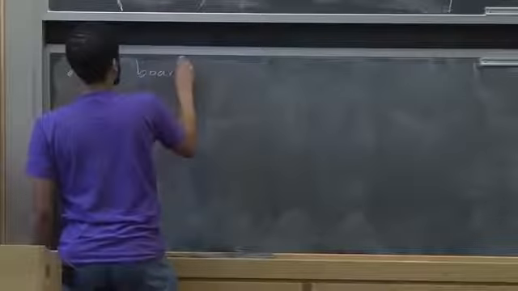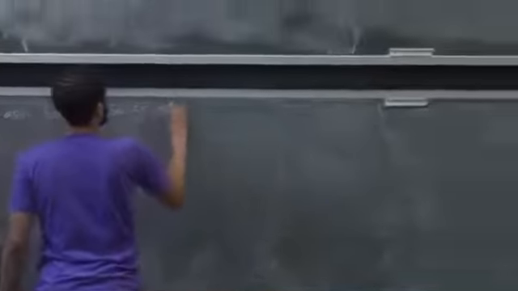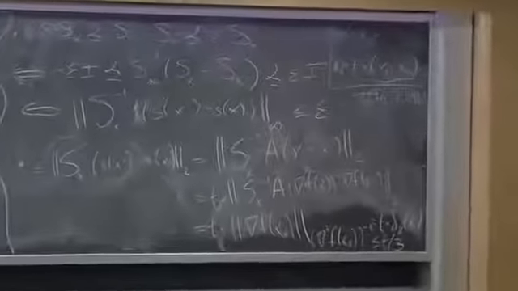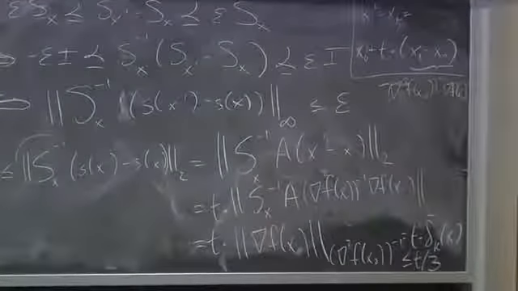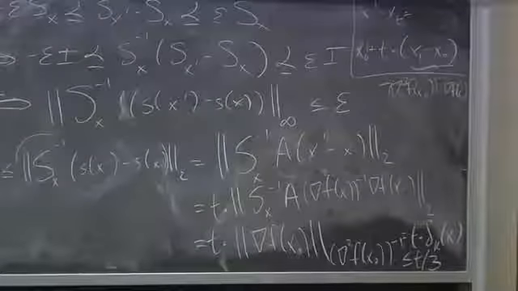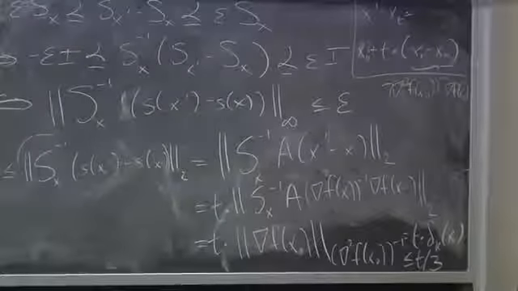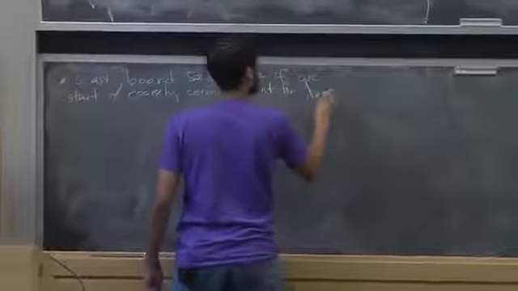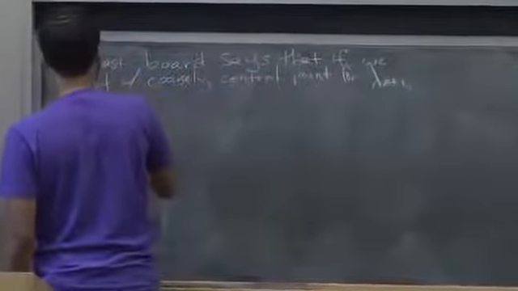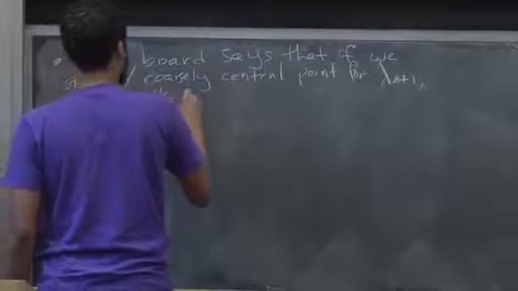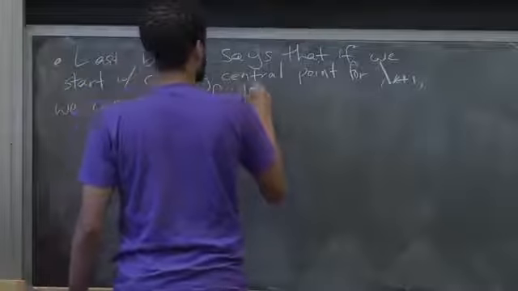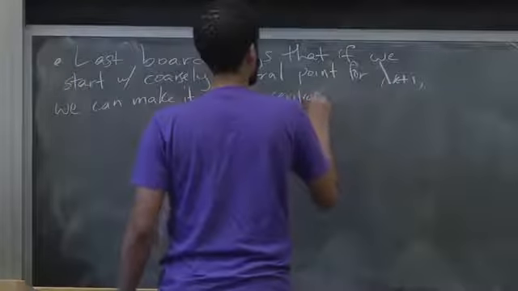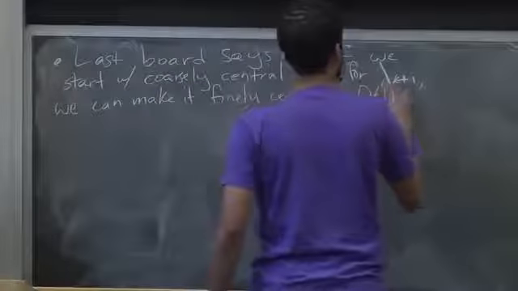So that board over there, the last board, says that if we start with a coarsely central point for lambda k plus 1, we can make it finely central in a constant number of Newton steps.